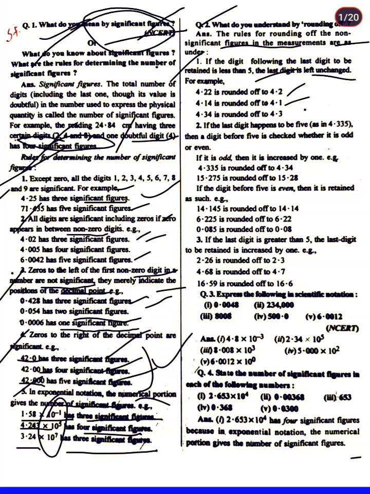Similarly, if the digit happens to be 5, as in 4.335, then the digit before the 5 is checked whether it is odd or even. If it is odd, it is increased by 1. 4.335 is rounded off to 4.34 and 15.275 is rounded off to 15.28.